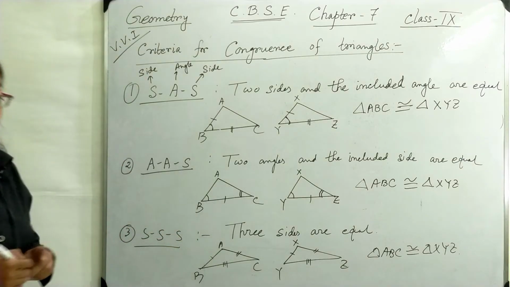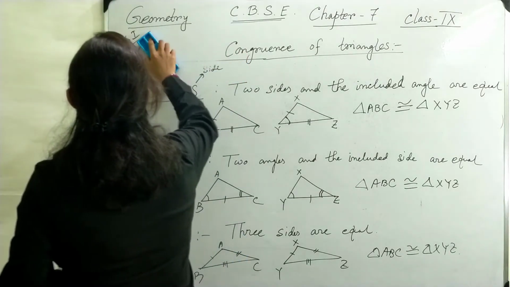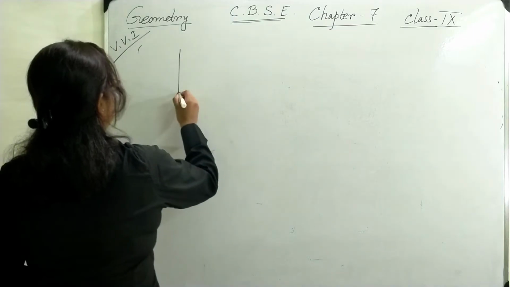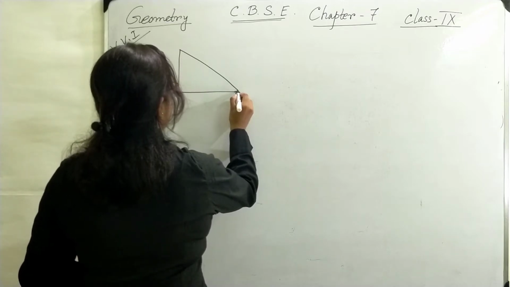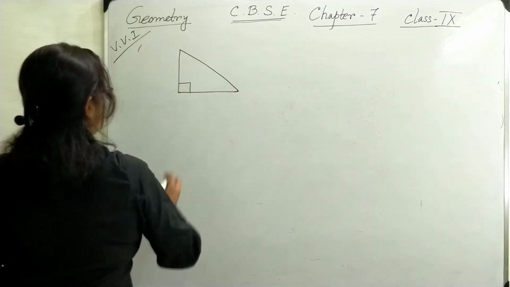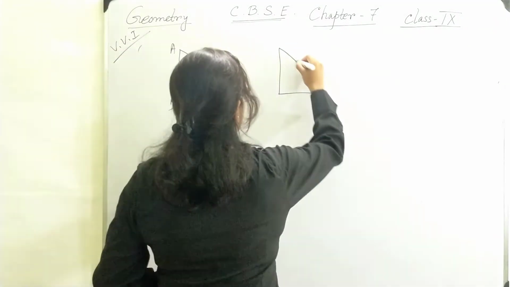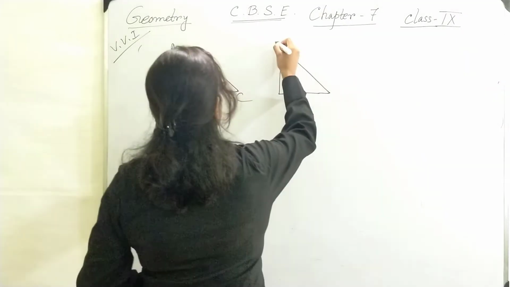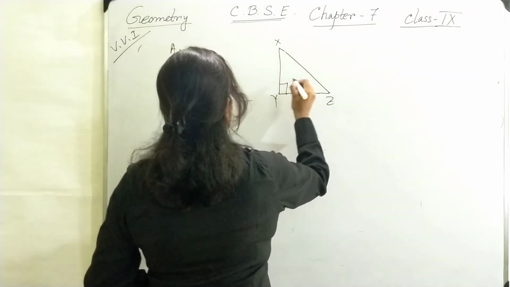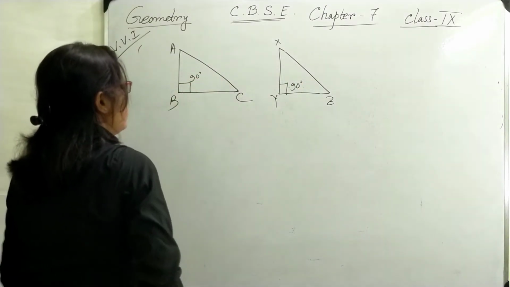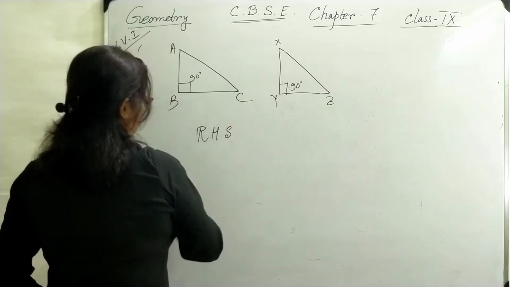Okay, and next, another type of triangle will be here. It is this type of triangle whose one angle is a right angle. This one is the RHS property, triangle A, B, C, and this one X, Y, Z. This is 90 degrees and this is 90 degrees. Here the formula is RHS.